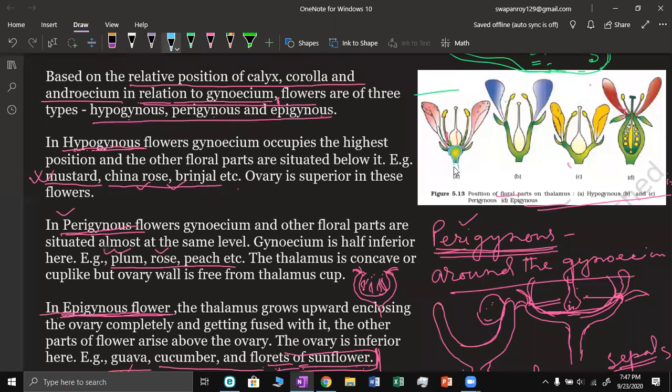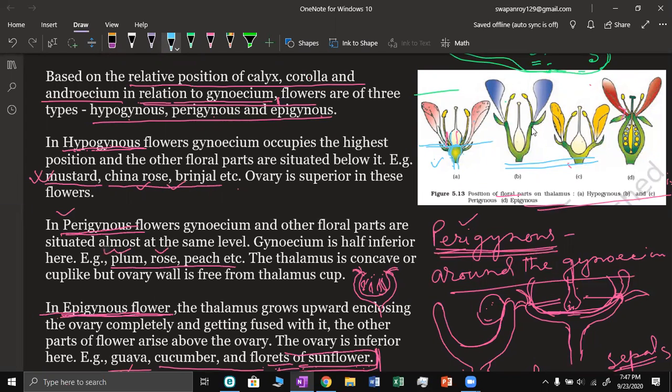That is the swollen portion of the stalk, tip portion. This thalamus is convex. So this ovary is situated at the center. So naturally, the level of the ovary is quite above the other floral part. So it is hypogynous. These two diagrams are showing the perigynous flower.